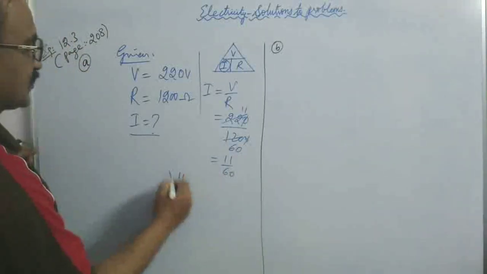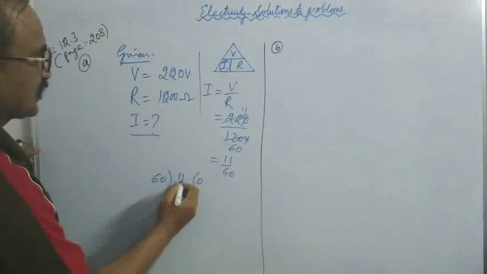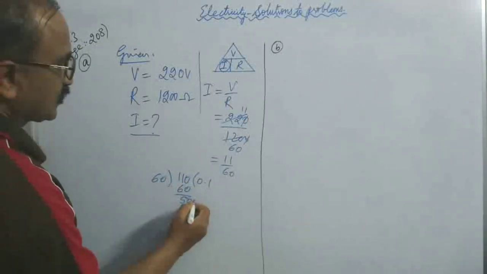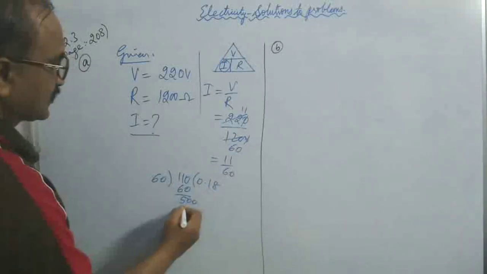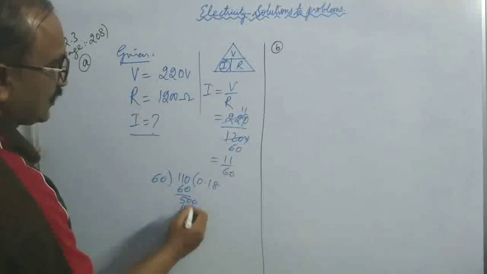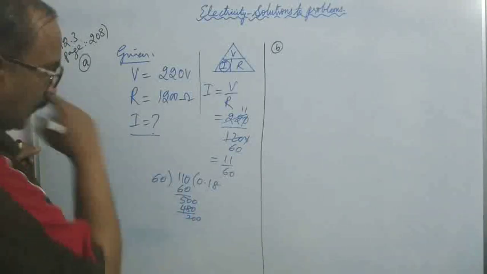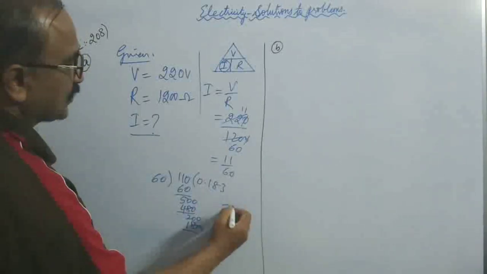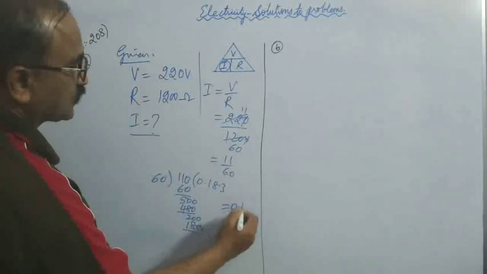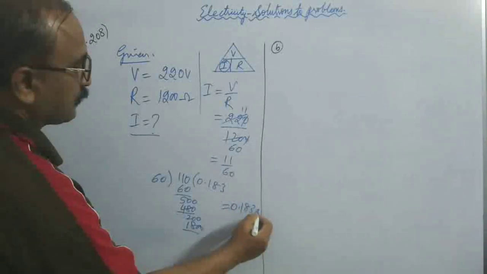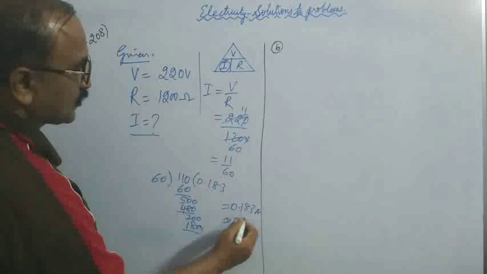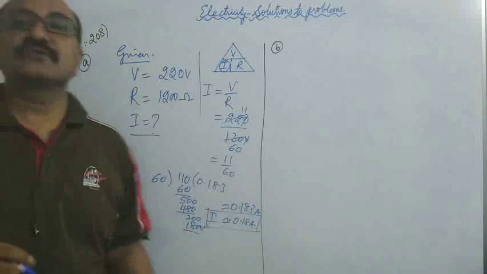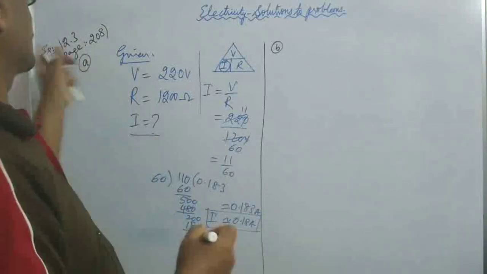Now divide 11 by 60, and that will be approximately 0.183 ampere. So we have calculated the current. That's the first part of example 12.3.